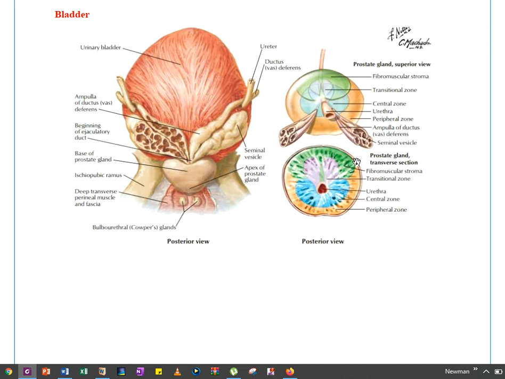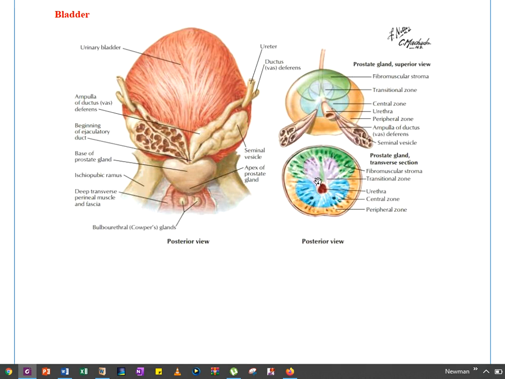So here it is showing the zones of prostate gland. We have almost 5 zones, 4 zones and urethra. We have peripheral zone, central zone, transitional zone, and fibromuscular zone, and also urethra.